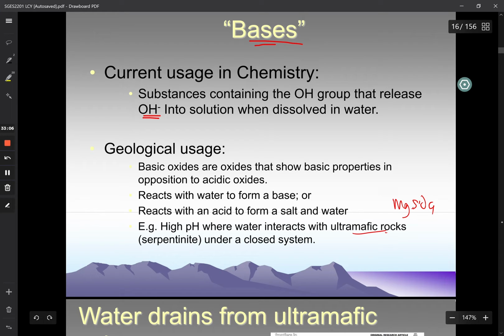You have an abundance of magnesium in the minerals of these rocks, the pyroxene or olivine. So when it dissolves in water, it reacts with water, and then you may produce water with high pH.